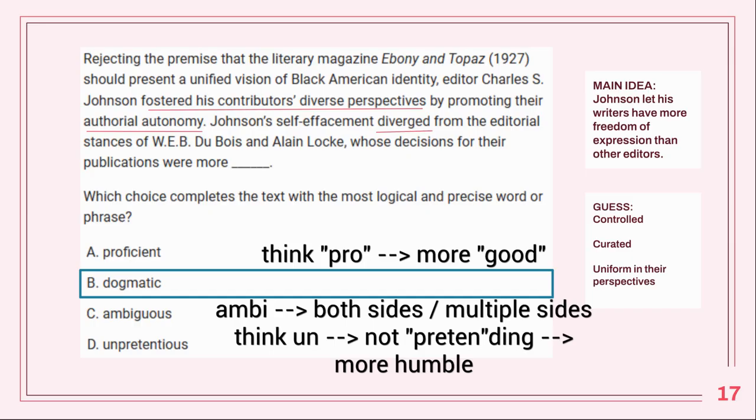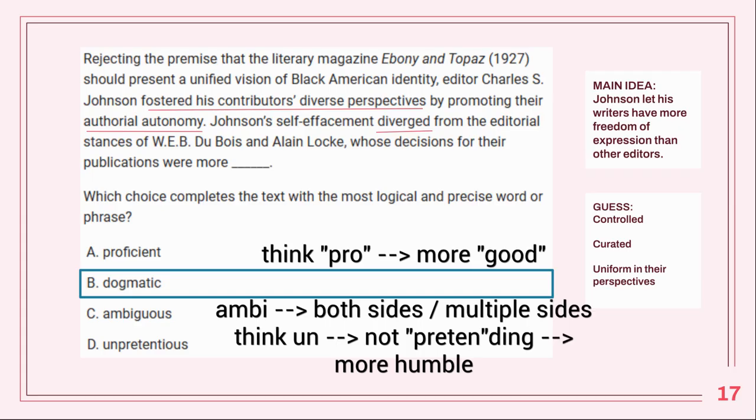Okay, let's look at choice D. Pretentious by itself means you try to make yourself look better than you are, more impressive than you are. So unpretentious is the opposite of that. You don't try to make yourself look more impressive than you actually are. You're more humble, pretty much. So we're saying that their decisions for the publications were more humble, or more modest, but I don't know about that.